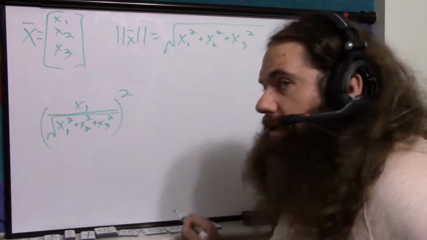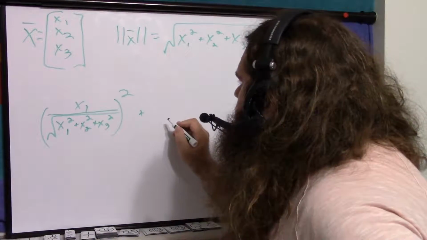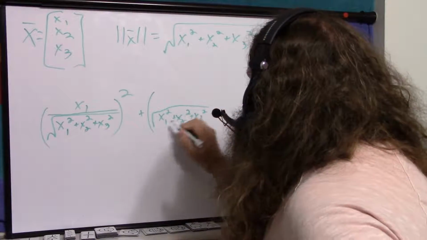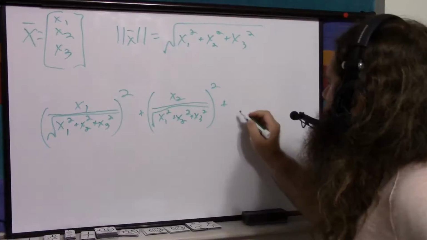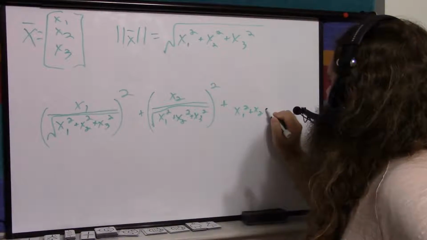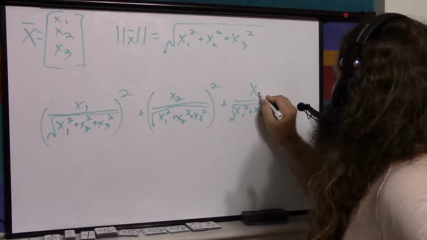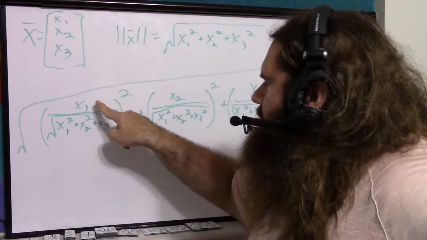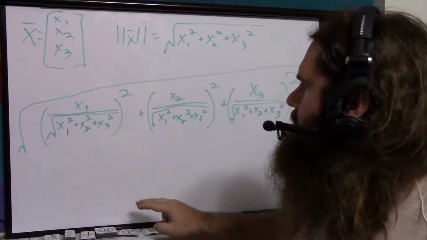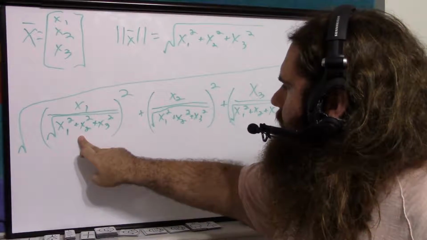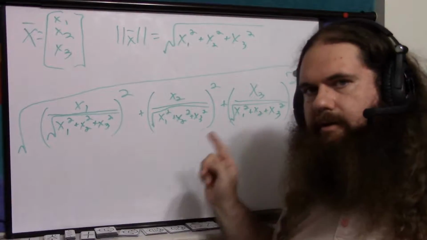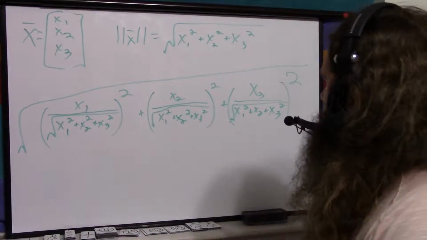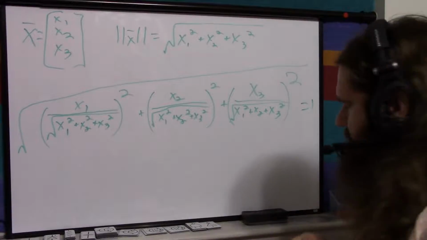So now we're plugging it into the magnitude calculation again, plus the same for x2 and x3, and then a big old square root. So I've got the original x1, x2, x3. Then we took this equation, we calculated the magnitude and divided it into all the terms. Then we're plugging it back in here, so we're squaring them, adding them, and taking the square root again. We want this to be equal to 1. That's the goal. If we succeeded, it's 1.